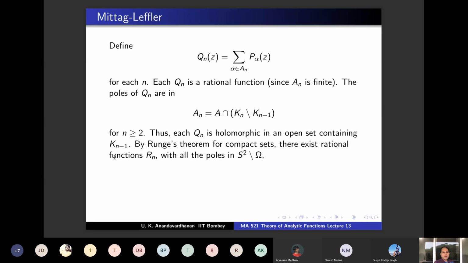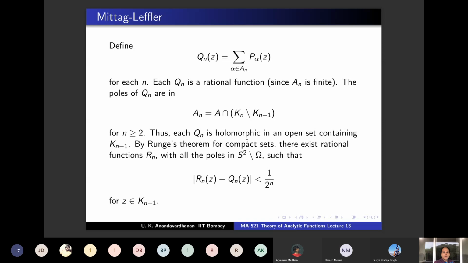So the Rn will have poles in S2 minus omega, and taking epsilon to be 1 by 2 power n, mod Rn(z) minus Qn(z) is strictly less than 1 by 2 power n uniformly for all z in Kn minus 1. This is Runge's theorem applied to Kn minus 1, and I can apply it to Qn because by construction Qn is holomorphic in an open set containing Kn minus 1.